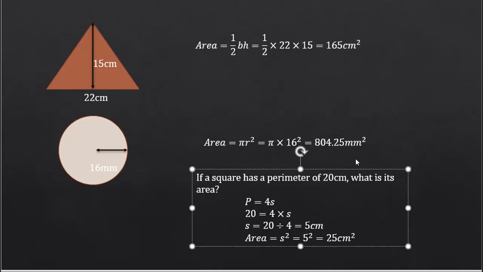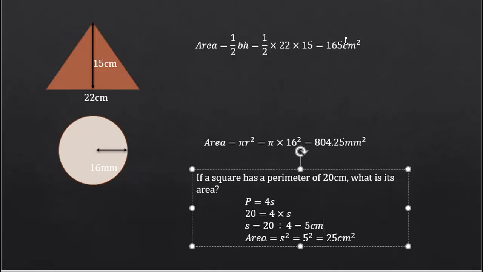Moving on. We want to find the area of these two shapes. We're just going to be plugging in our values. This is the height, and this is the base, or the breadth. We know the area of a triangle is 1/2 multiplied by base by height. So 1/2 multiplied by 22 multiplied by 15 will give us 165 centimeters squared.